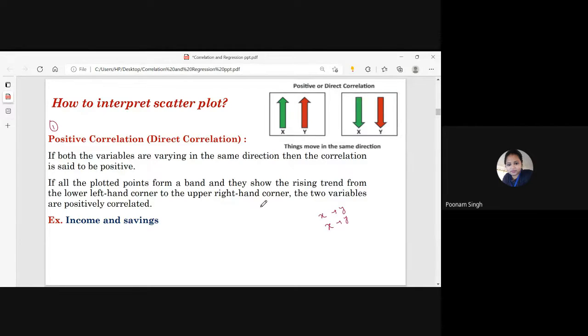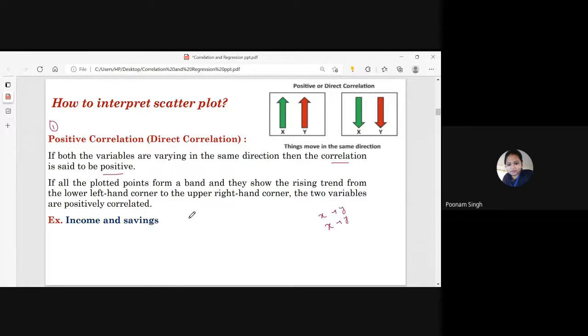It means that if both the variables are varying in the same direction, then the correlation is said to be positive. If both the variables are varying in the same direction, it means things are moving in the same direction, then the correlation is said to be positive or direct correlation. This is the theoretical part.